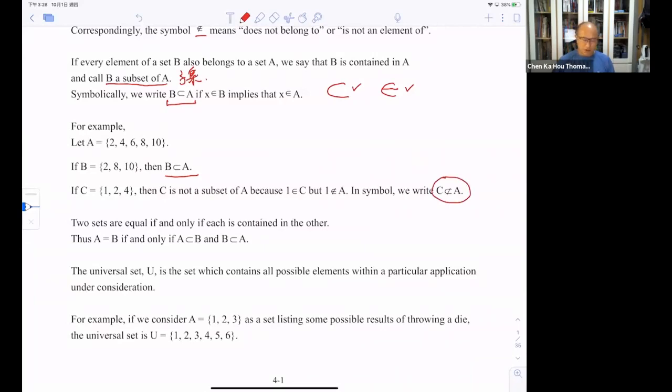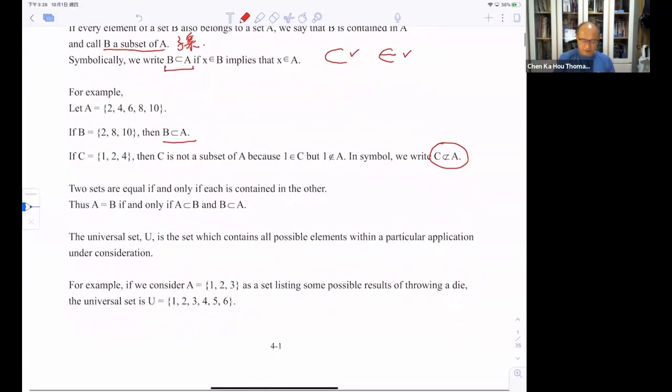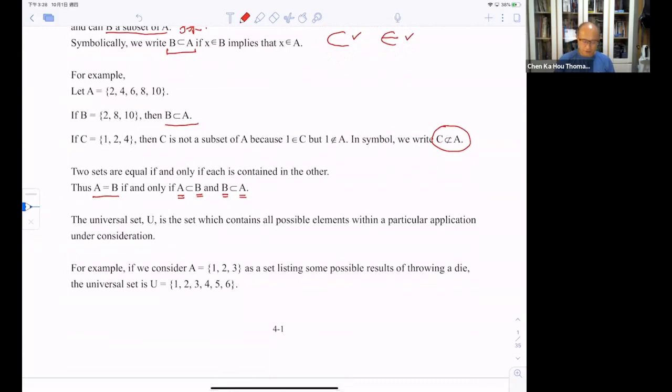To define equality: two sets are equal if every element in A is also an element of B, and every element in B is also in A. So this defines the equality of sets, meaning each is contained in the other, so they are equivalent. And the universal set, in Chinese 宇集合, is the set which contains all possible elements within a particular application under consideration.